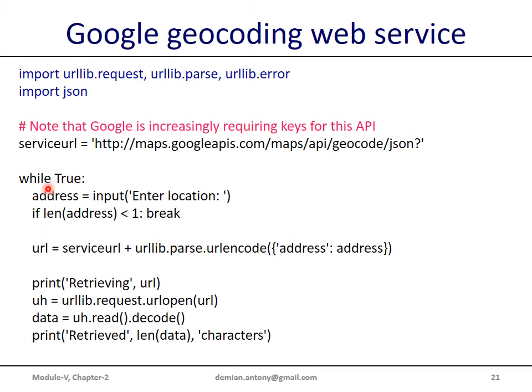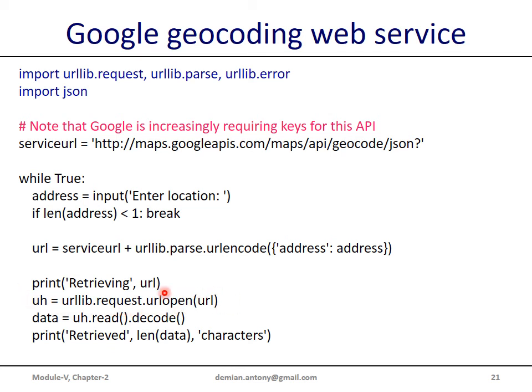So address is a search string, this is a key, and this is the value. This URL encoded address is concatenated with the service URL here, and then it is sent through the urllib request.